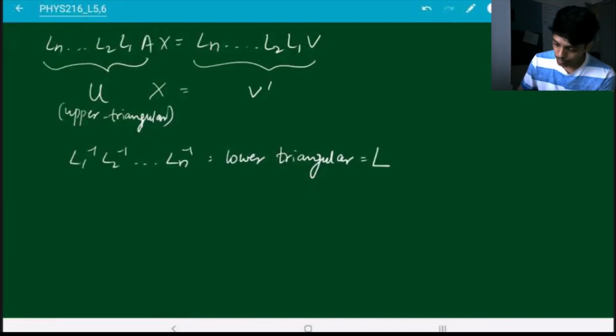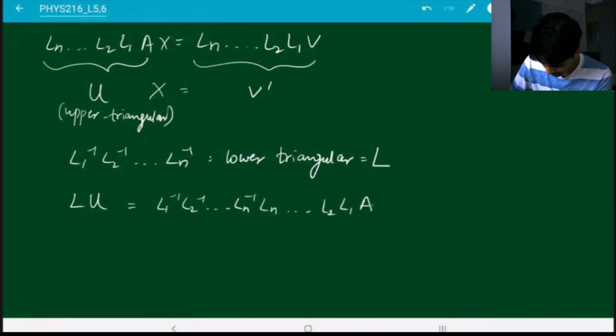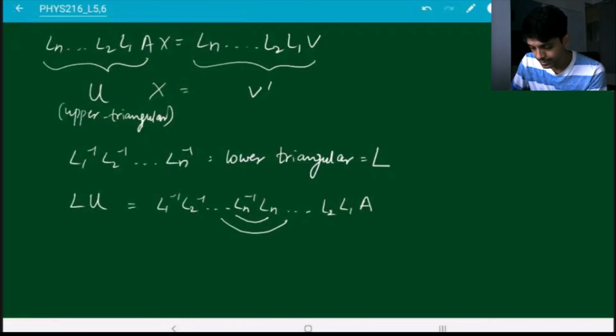And then you will notice that if I take LU, what is LU? LU is L1 inverse, L2 inverse, and so on, Ln inverse. And U is Ln, and so on, L2 L1 A. So Ln inverse Ln becomes identity. Then the next one, n minus 1, these will also become identity. L2 inverse L2 becomes identity.